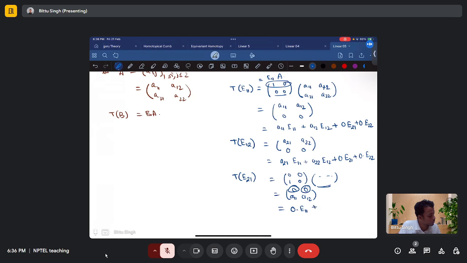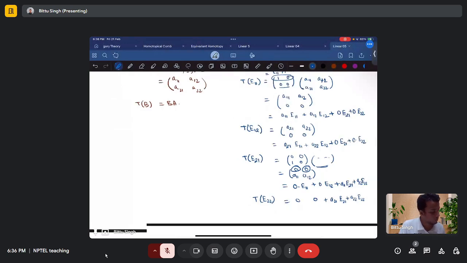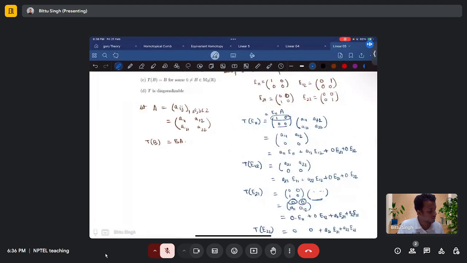Similarly, there is no coefficient of E12, so those are 0. But the coefficient of E21 is A11, and the E22 coefficient will be A12. Similarly, you can write T E22. This is the same as 0 0, and there will be A21 E21 plus A22 E22.